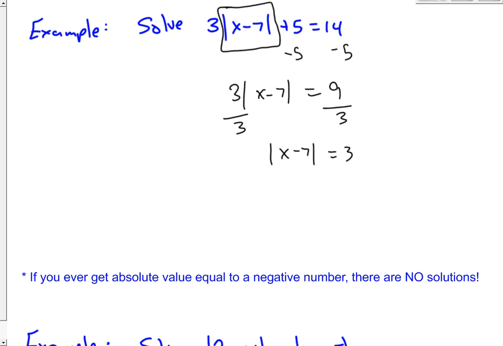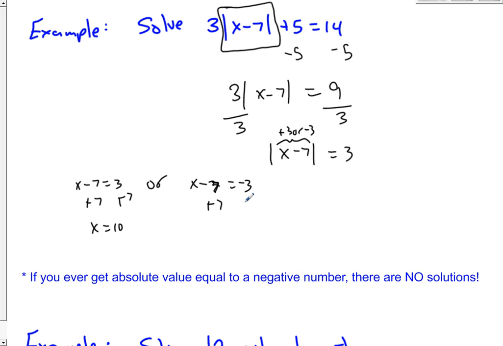Now, you're not always going to equal 3. But again, the inside here could be either positive 3 or negative 3. So I'm going to set x minus 7 equal to 3, and I'm going to set x minus 7 equal to negative 3. So I'm going to add 7 to both sides, and I will get x equals 10.